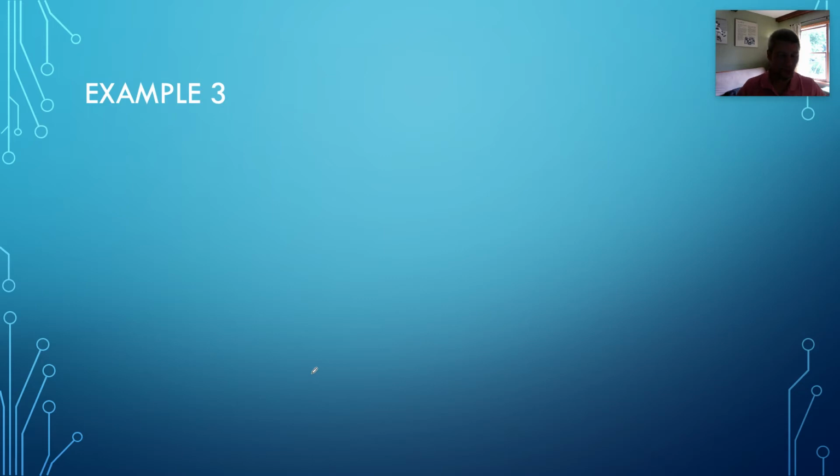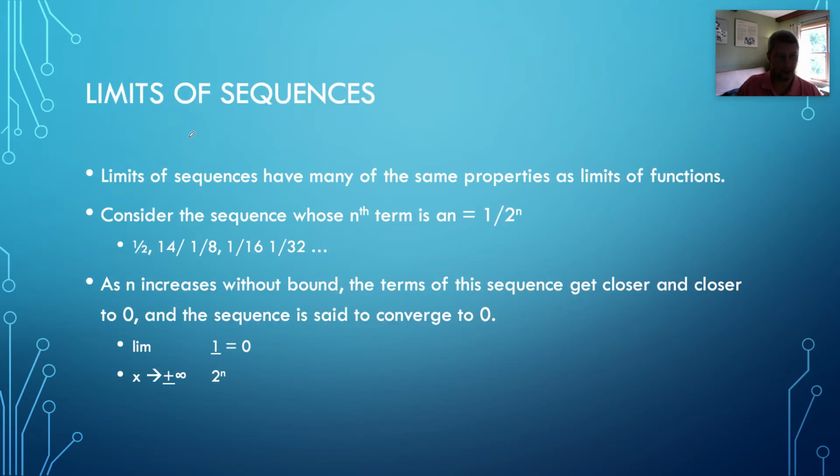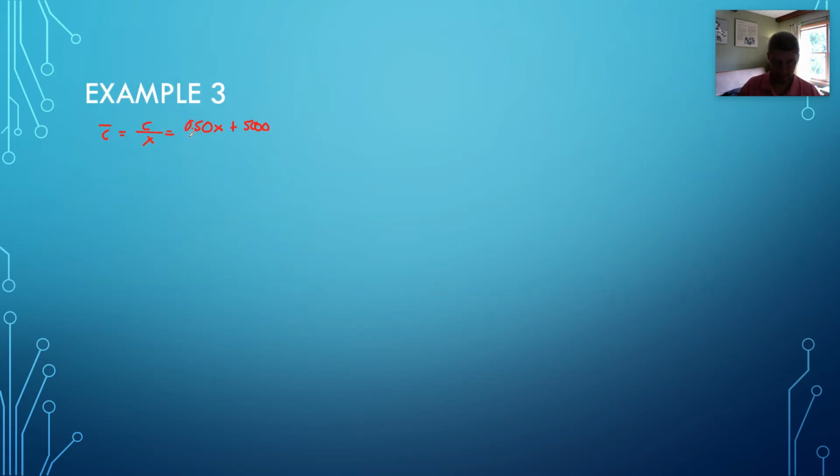Okay, so how do we do this kind of thing? Well, we know that the average cost per card is going to equal 0.50x plus 5,000, all divided by x. And in this case, all we've got to do is plug in our numbers.